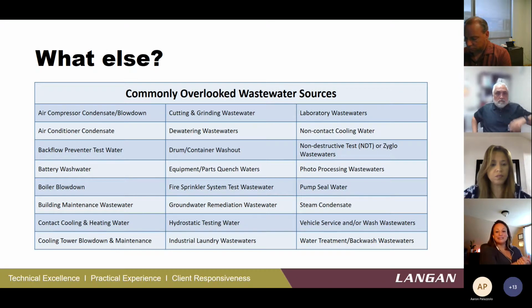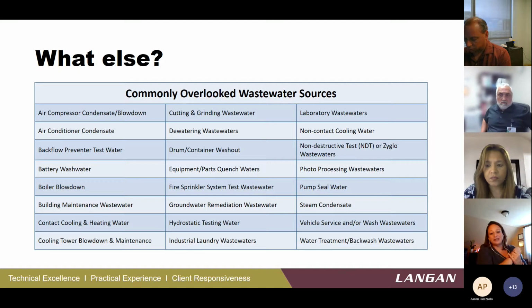And then we get into the more elusive sources. This is a comprehensive list of some of the commonly overlooked sources of wastewater within facilities, and it's pretty long. A lot of these items, you'll notice, like air compressor condensate, generate so little usually.